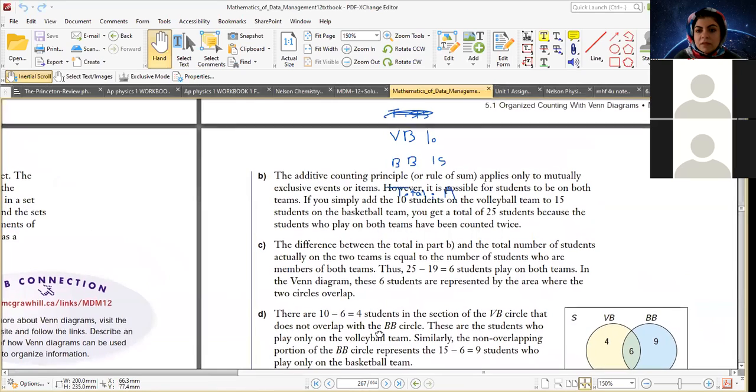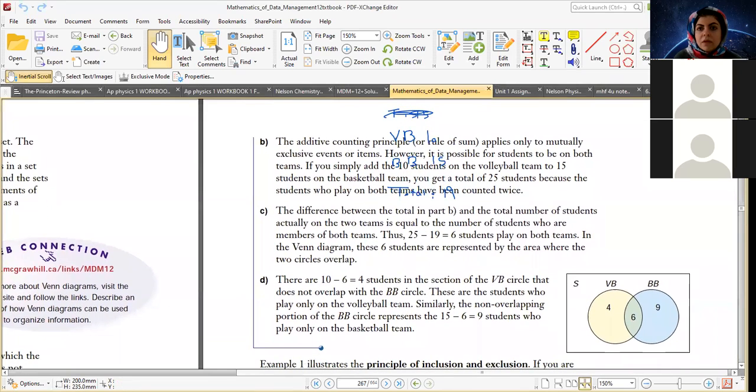I'd like to get this number clearer, so I'm going to write it down here again. Volleyball is 10 people, basketball is 15, and the total is 19. If you add these two, it's 25, minus 19 is 6 students.